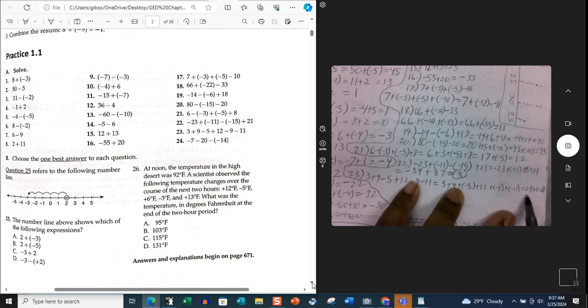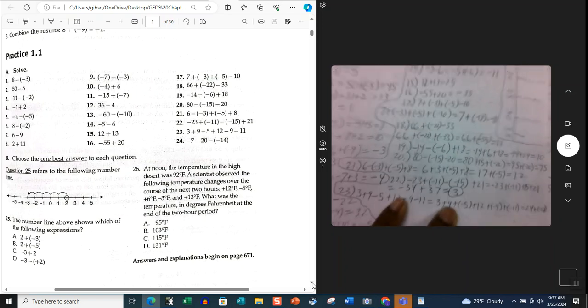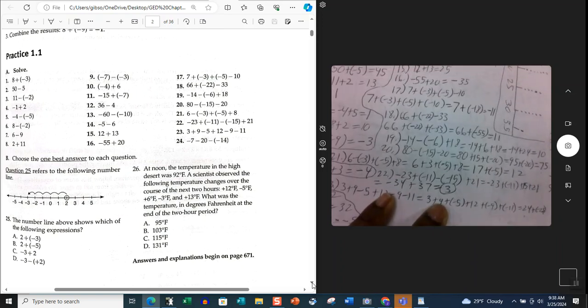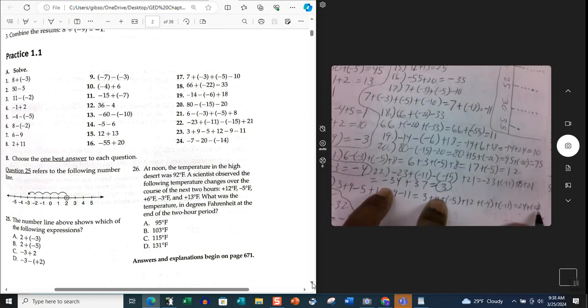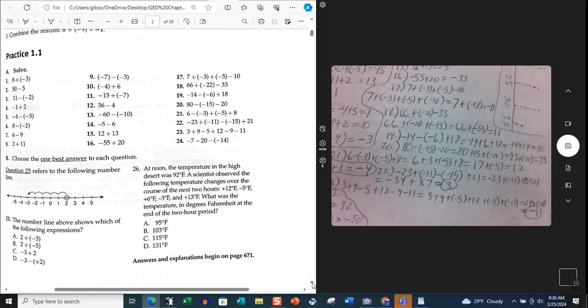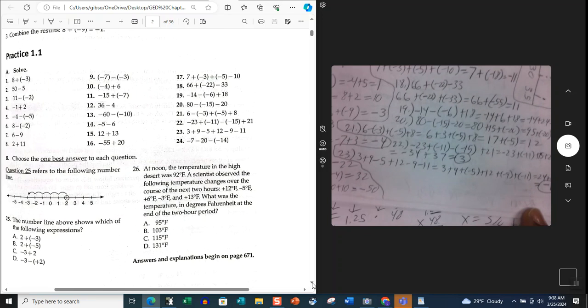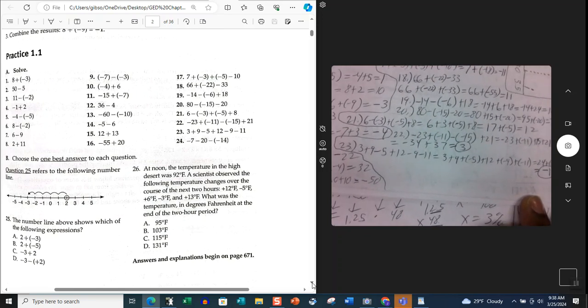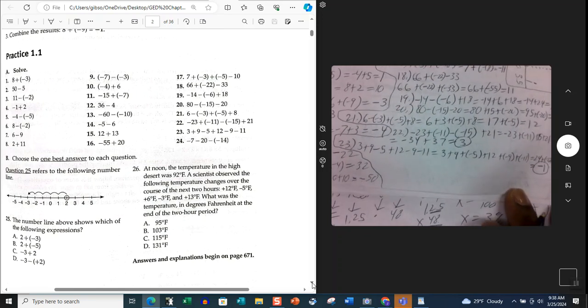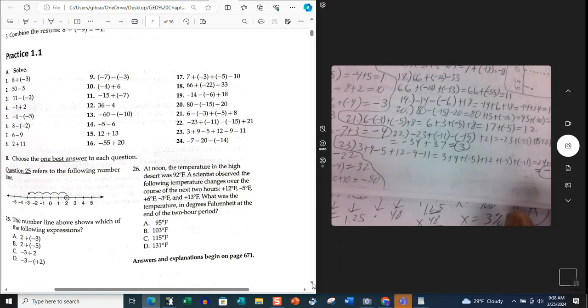So now we have positive 24 plus a negative 25. 25 is larger than 24, so we'll carry our negative. 25 minus 24 is 1. So our answer here would be negative 1. All right, now 23 was really long, but we got it all in there. So it is negative 1 for problem 23.